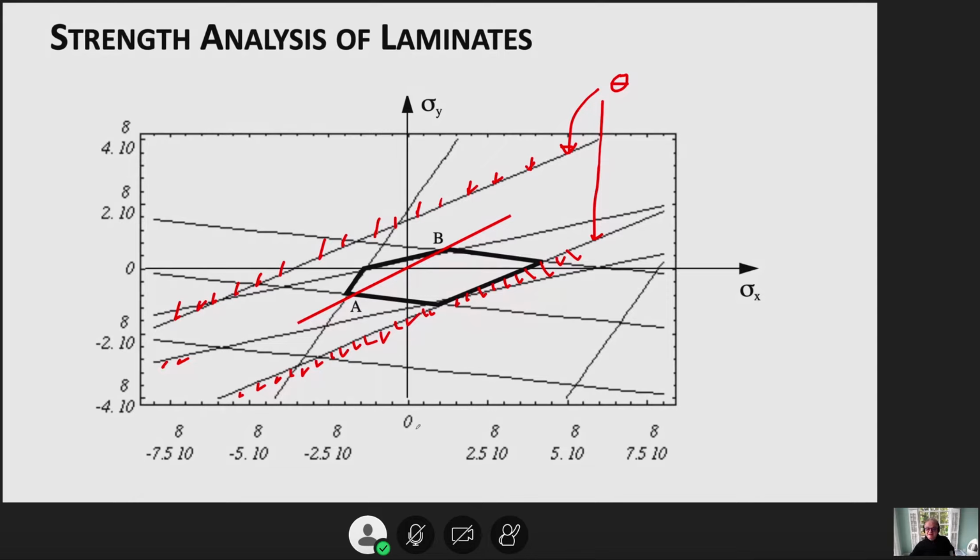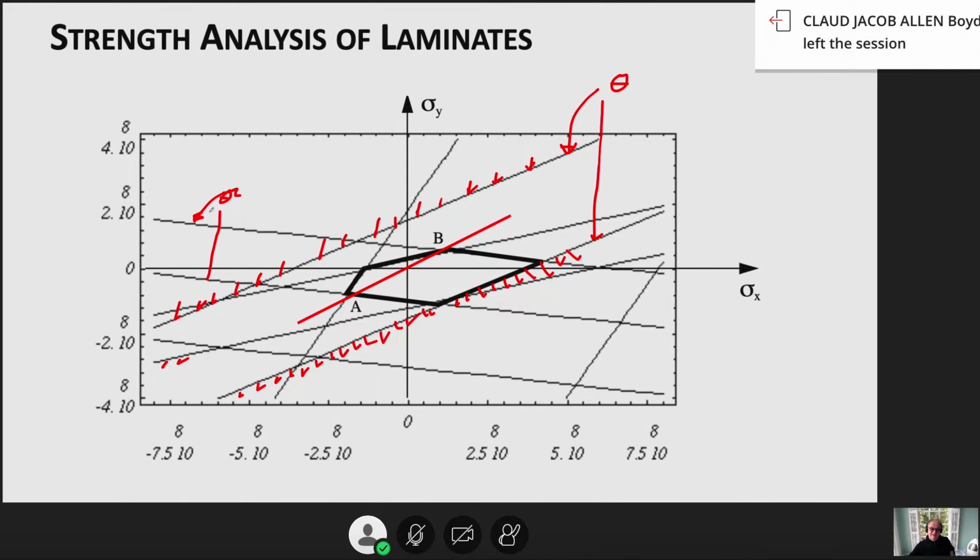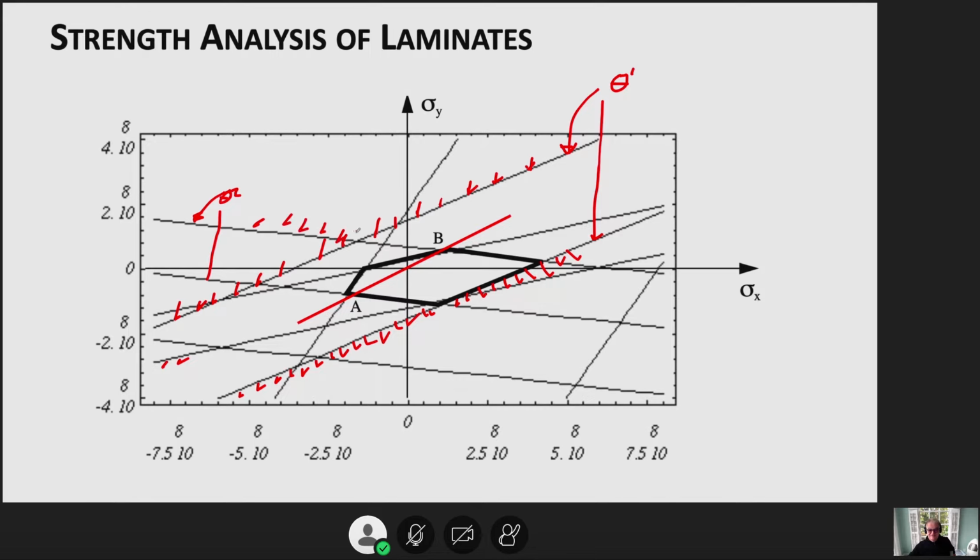Then you look at another layer, and let's say this is theta 2, and its corresponding negative is again theta 2. So this is plus minus theta 1. This is theta 2. And that says you cannot be on this side. And you cannot be on this side.